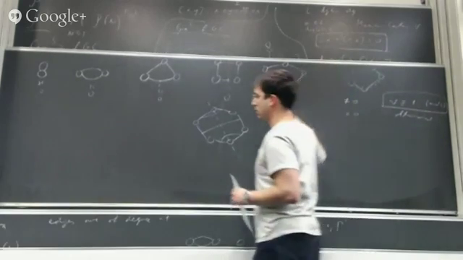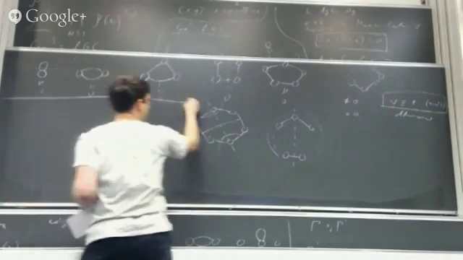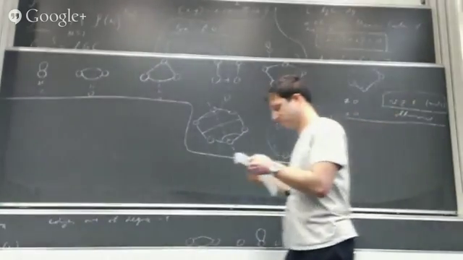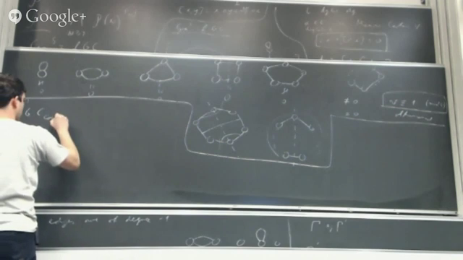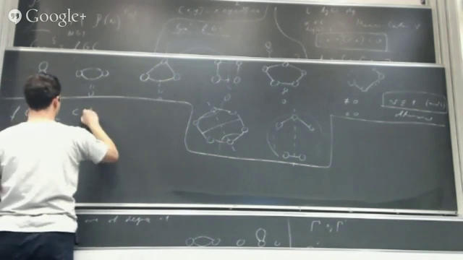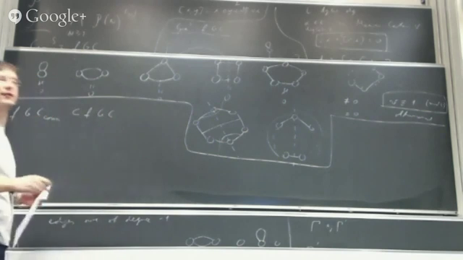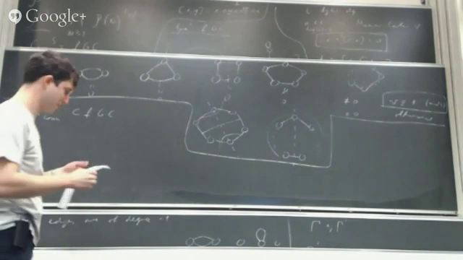Okay, now I'm using too much board. I define the full graph complex, FGC con, as the complex generated by connected graphs.